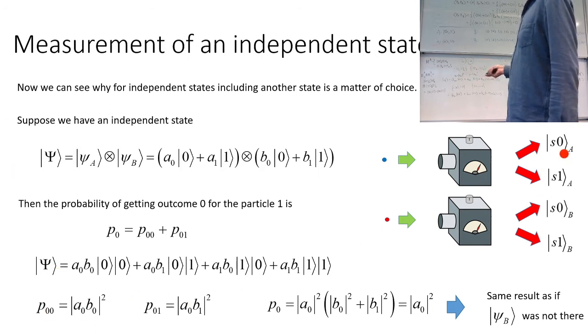If I ask what's the probability of getting that outcome of S0, well, in this composite system language, it would be the probability of getting that one and this one, and the probability of that one and getting that one, combining the 2 probabilities there. And because of normalization, this recovers the same result.